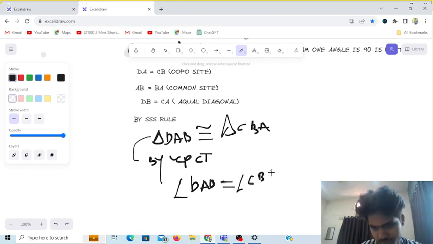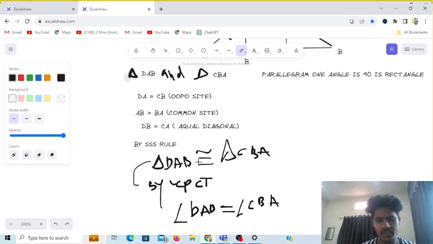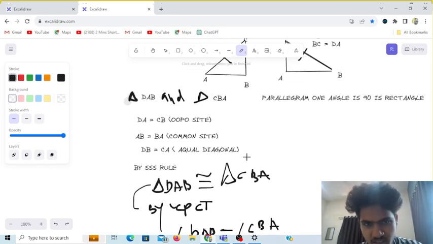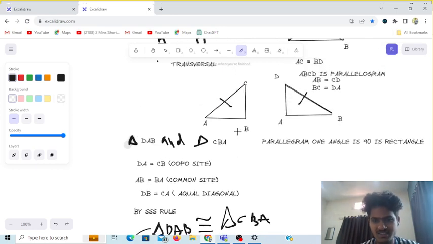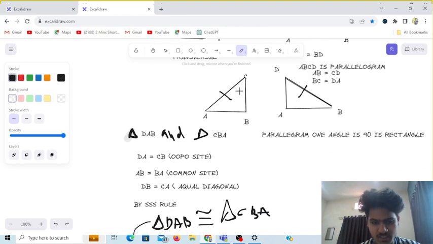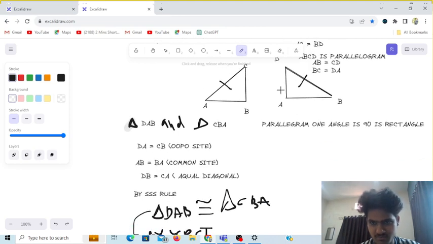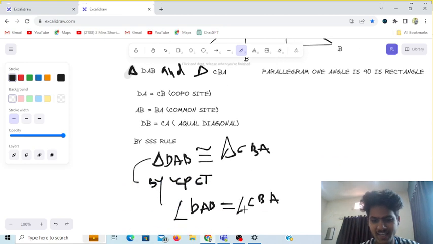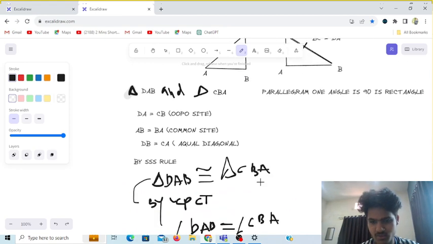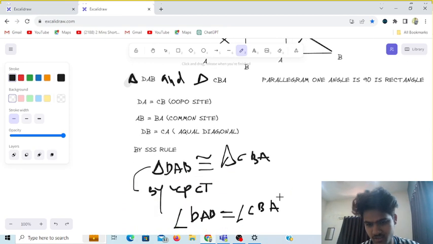If we show that the angles DAB and CBA are congruent, then we can say that angle DAB and angle CBA are equal. Because these angles are equal, we can consider these two angles as x.